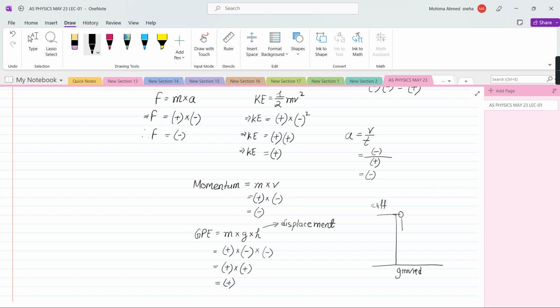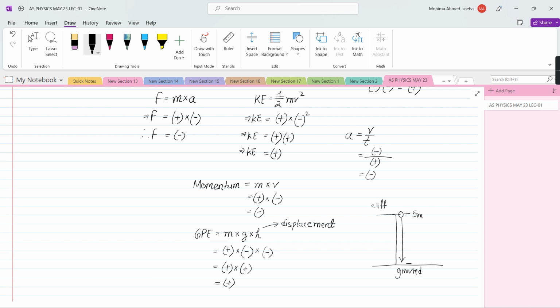As we can see, the height is decreasing, so the GPE would decrease, right? For this one, the height was taken from this point, which would be like 5 meters, and as the ball descends, we say that the height is decreasing.